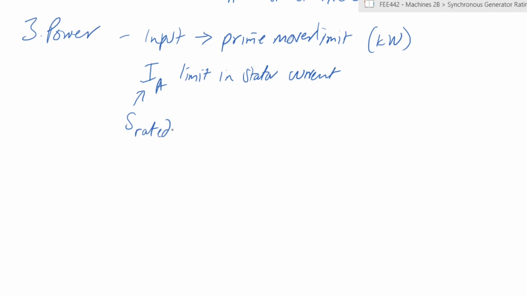So the armature current determines the amount of kVA that you would be able to get out of the generator. Usually, that is the upper limit of power within your generator.